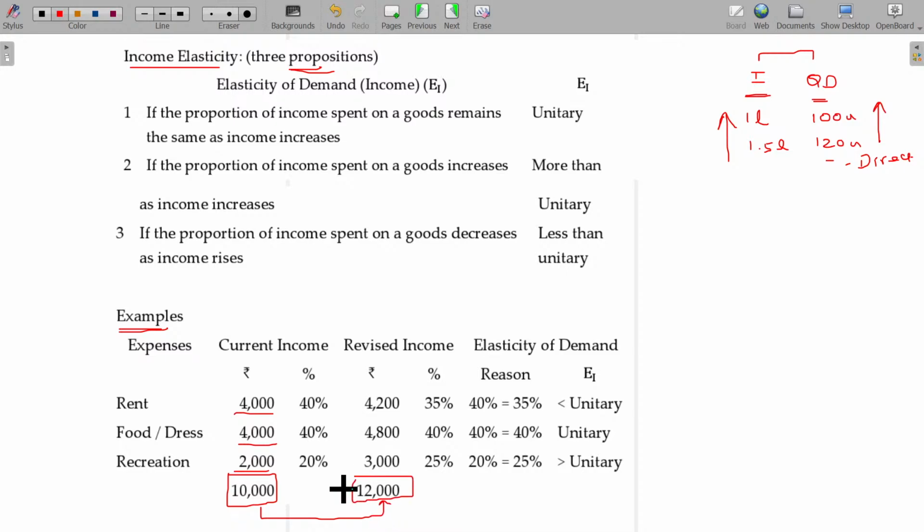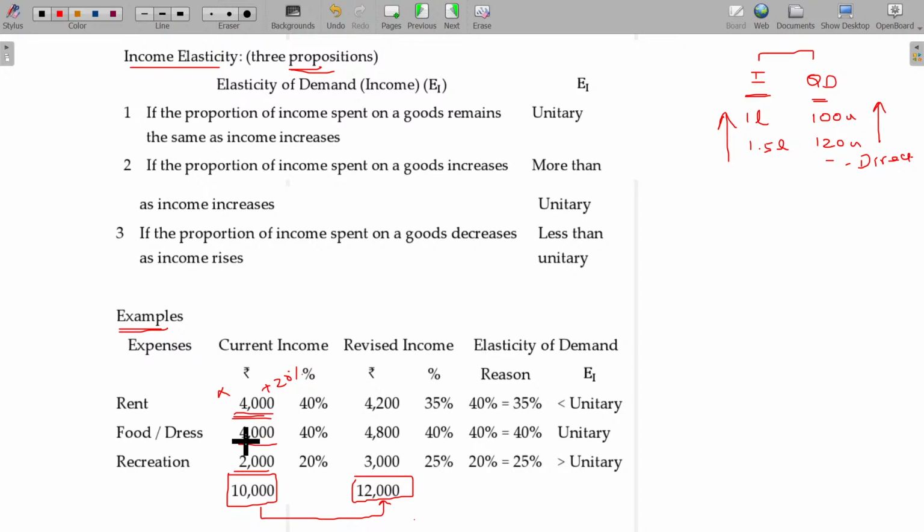Now, come on, tell me. Because of the increase in income, where will this spending go? If income increases, what will you do? Will you go to the house property owner? Sir, my salary increased by 20%, sir. I will pay 20% extra rent from this month onwards, sir. Will you go for that?